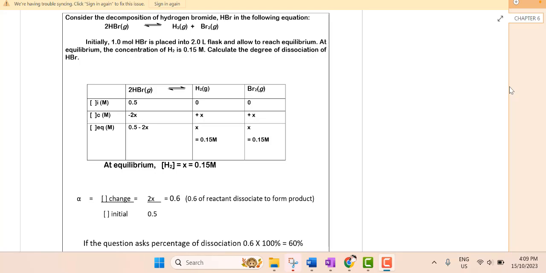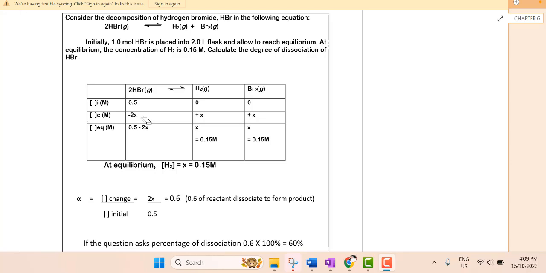So if the question gives initial quantities, definitely we need to build up the ICE table in the form of concentration. It is provided that the concentration of hydrogen at equilibrium is 0.15 molar. So 1 divided by 2, the initial concentration of HBr is 0.5.